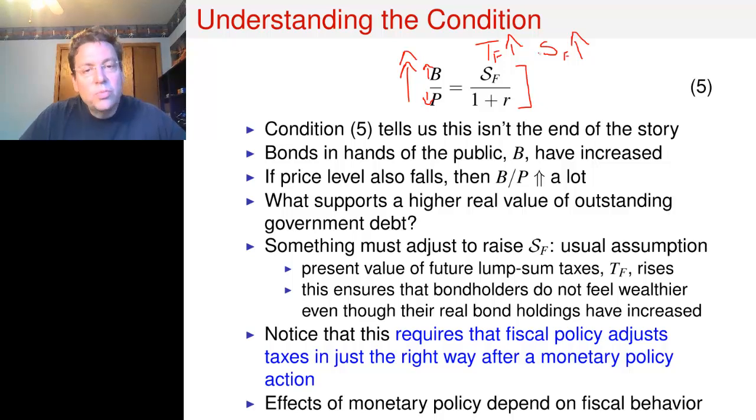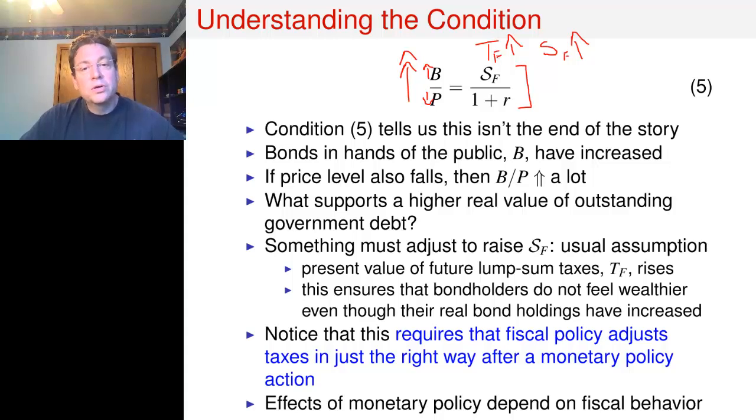So another way to think about what's going on is, suppose that the value of debt that you're holding has gone up. In other words, you can buy more goods with each unit of debt that you hold. But at the same time, you don't expect taxes are going to go up in the future. How would that make you feel? Well, it should make you feel wealthier.